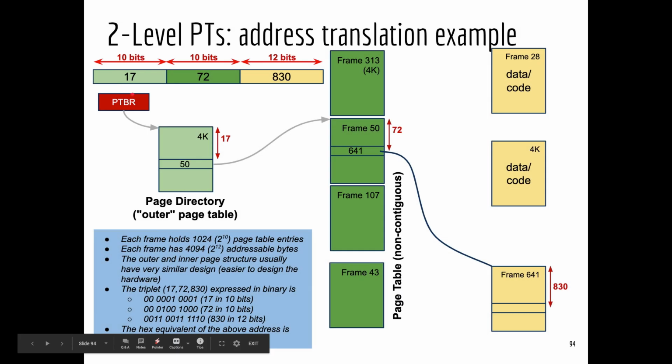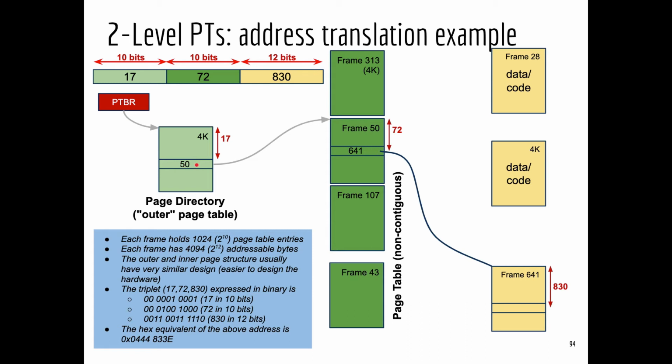So let's look at some numerical example. Let's say the logical address is a triplet of 17, 72, and 830. And remember, this number is a 10-bit number, that number is also a 10-bit number, and this number is a 12-bit number. So 17 is the index for the outer page table. In our example, row index 17 has the value 50, and 50 tells us that the next inner page table will be at frame 50.